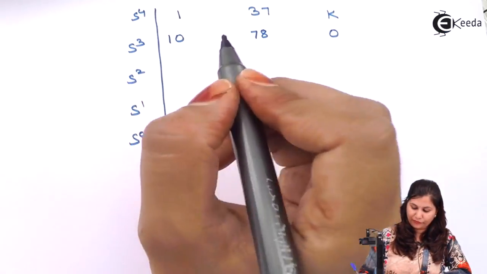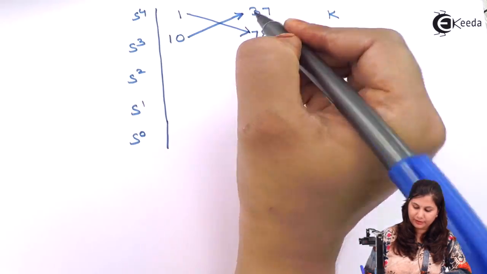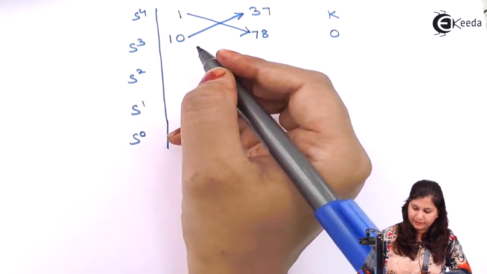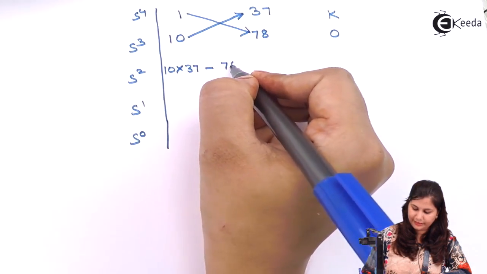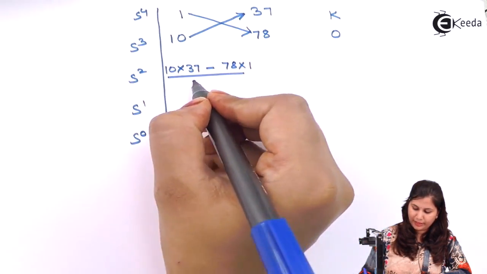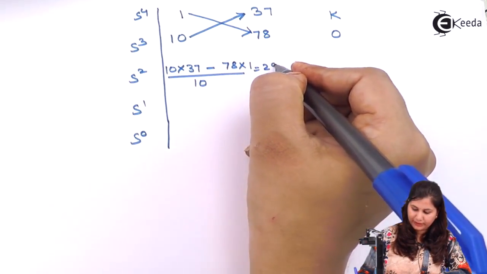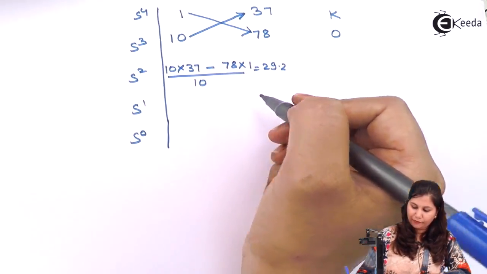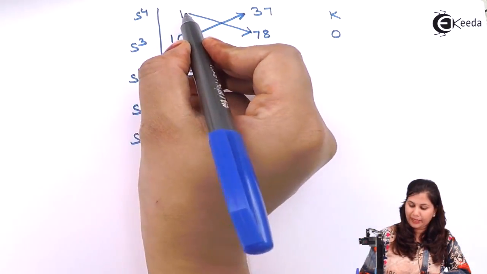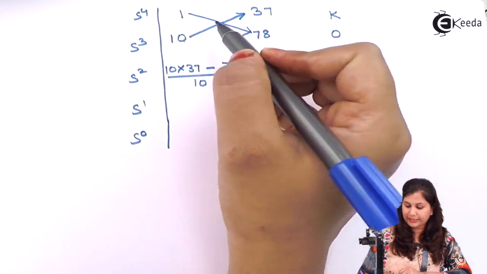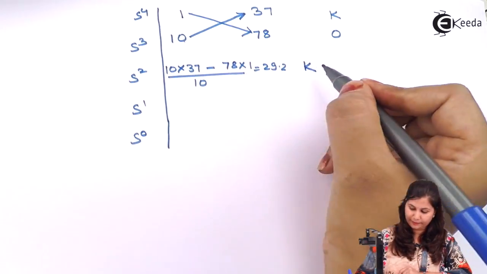To find the coefficient of s², multiply 10 with 37, minus 78 into 1, divided by 10. When you solve this, you will get 29.2. For the next, multiply 10 with K, minus 1 into 0, that is 0, and divide by 10. So you will get the coefficient here as K only.